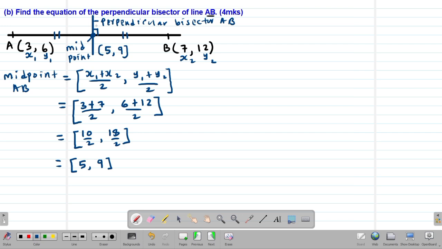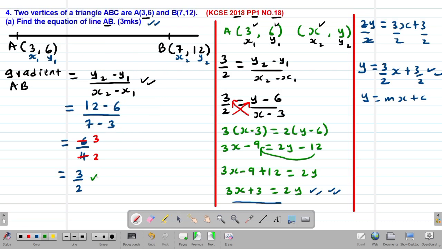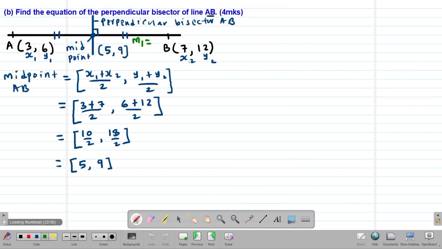Now, the other thing we need to find is the gradient of this particular perpendicular bisector. Remember, we had already found the gradient for the line AB. So if we let the gradient for AB be M1, the gradient for line AB was 3 over 2. So our M1 is 3 over 2.